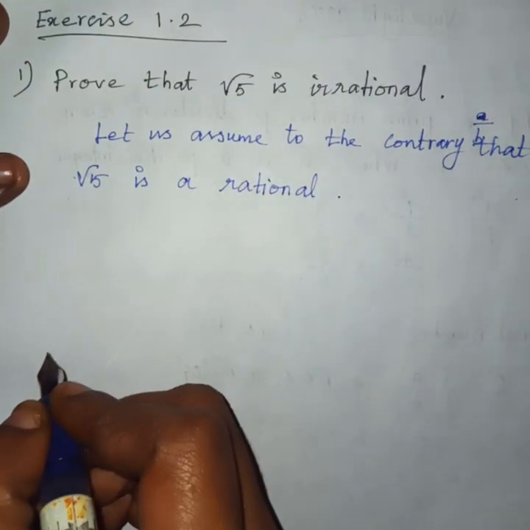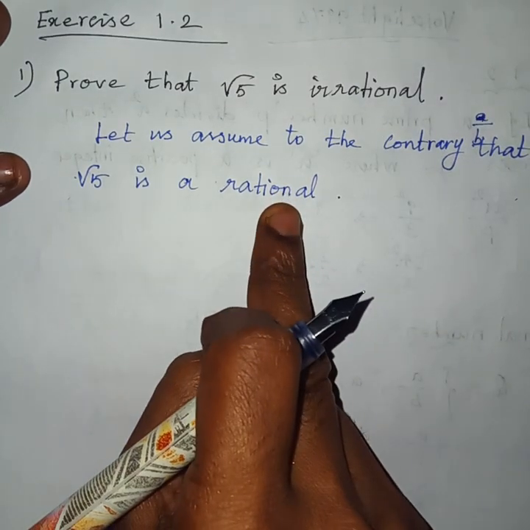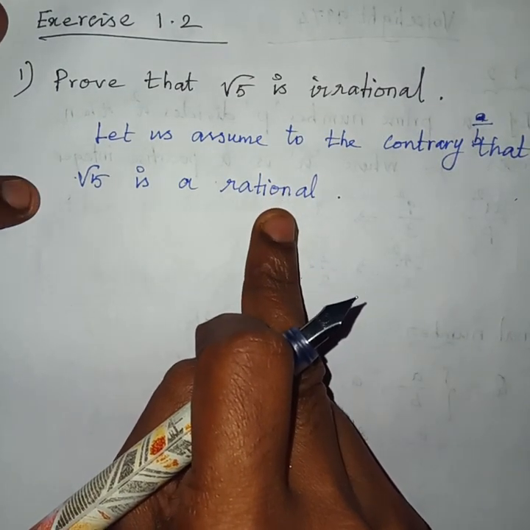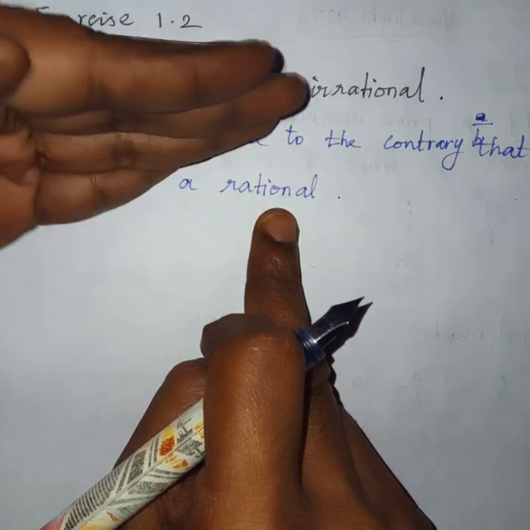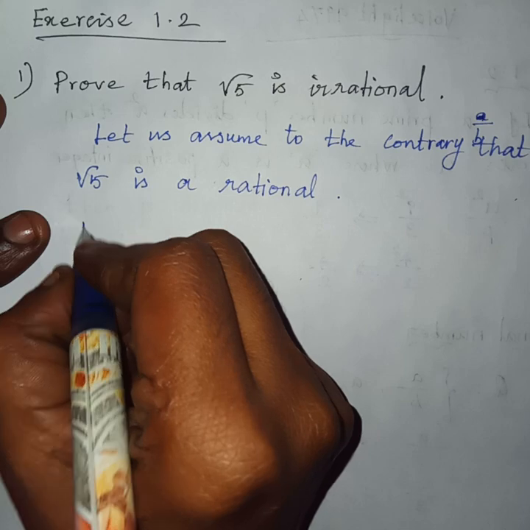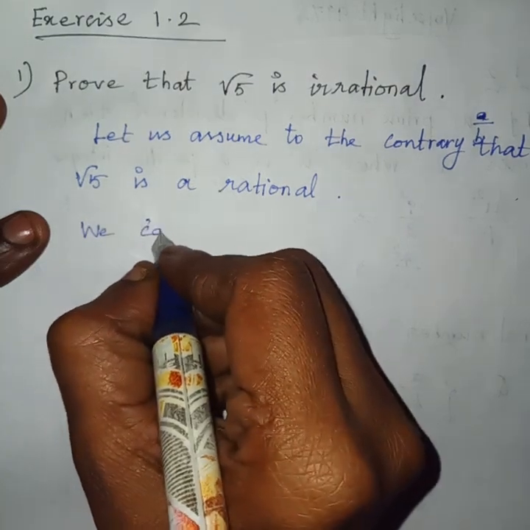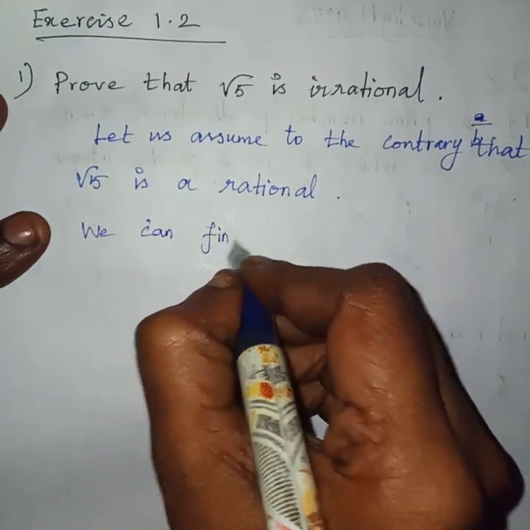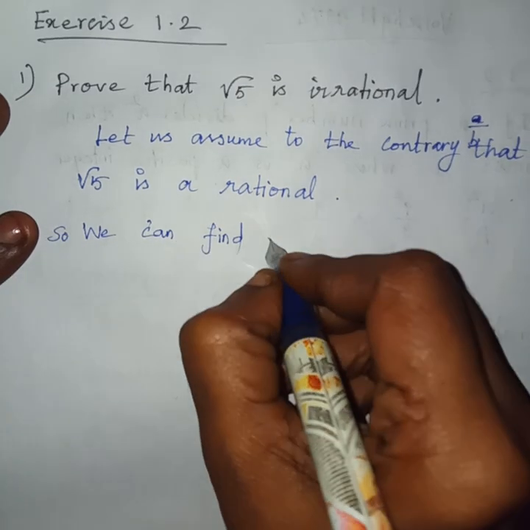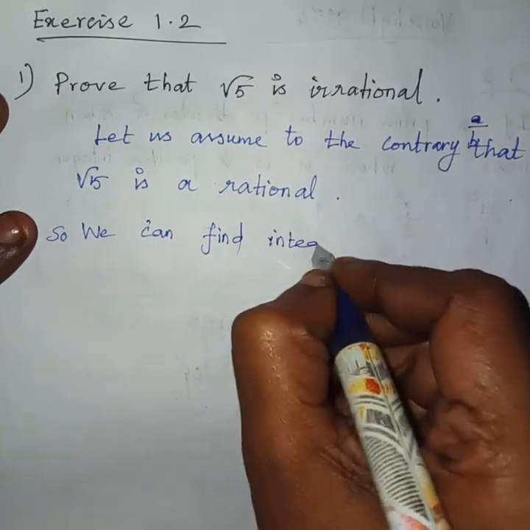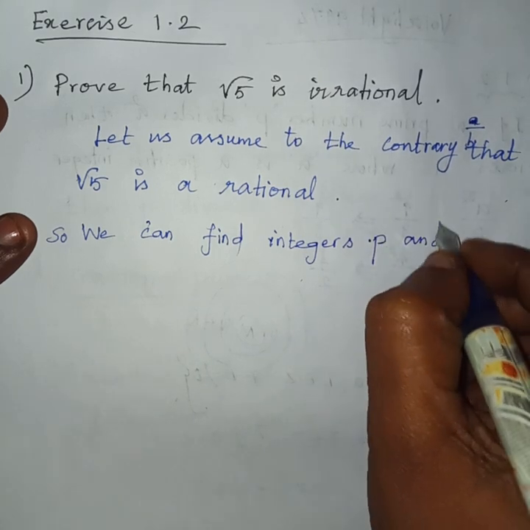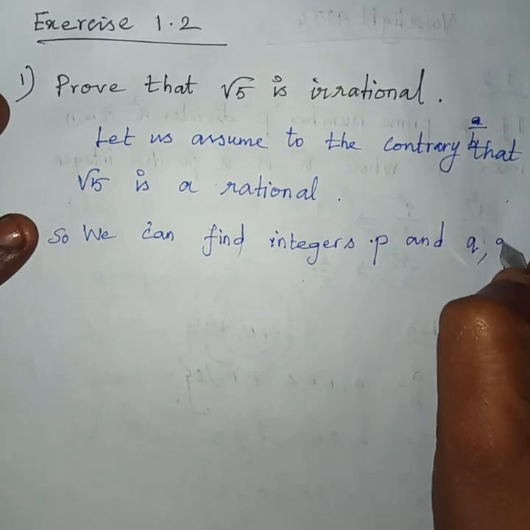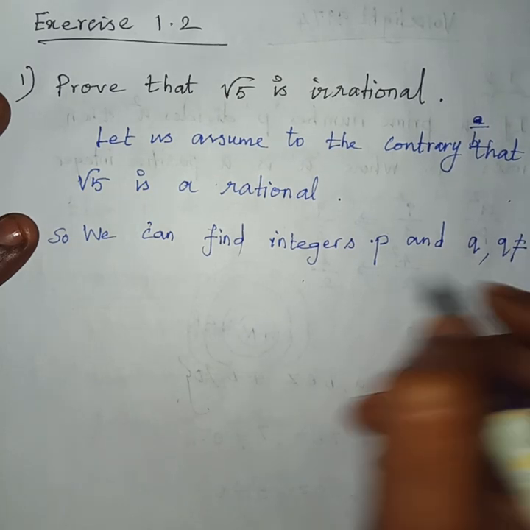Root 5 is rational. We know the definition of rational: if it is a rational number, then it can be expressed in the form a by b. So we can find some integers, let us take p and q, such that q is not equal to 0.